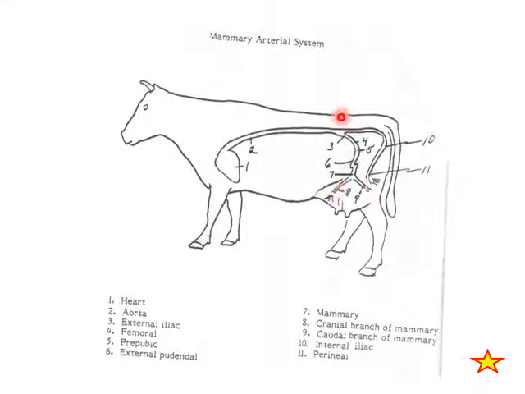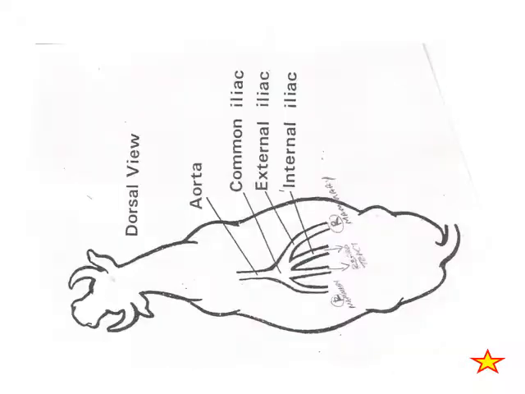So if we have a right and left of number 6 here, and then each of those divides into a front and back, we have an artery servicing each of the quarters. In an overhead view, we're splitting off to the right side and the left side of the mammary gland.